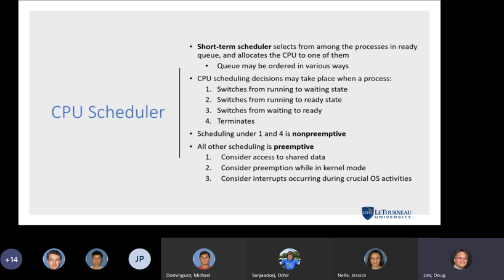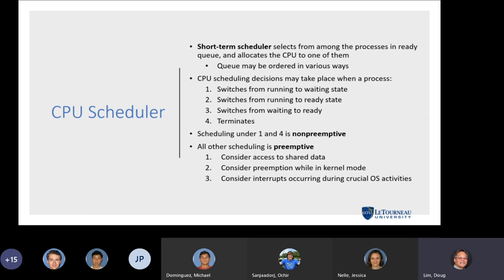The process that was running gets preempted by the fact that the I/O operation has been completed. So that is an area where non-preemptive would not work too well, because of I/O operations. Sorry, so all of the scheduling is preemptive.